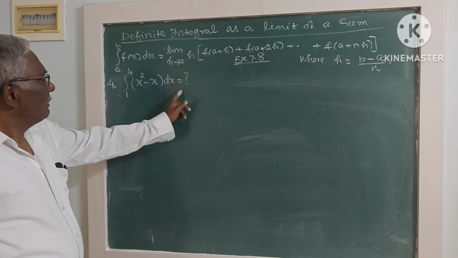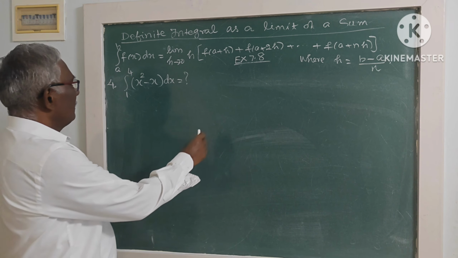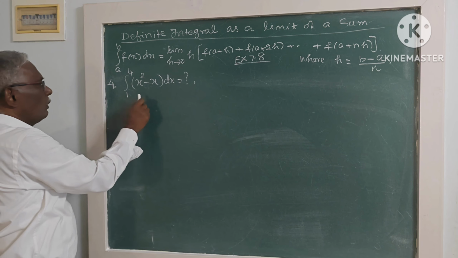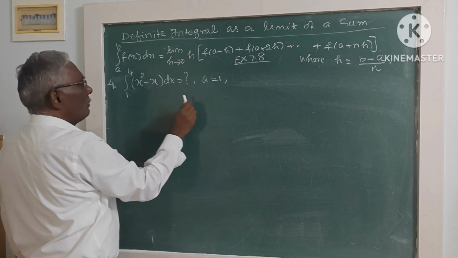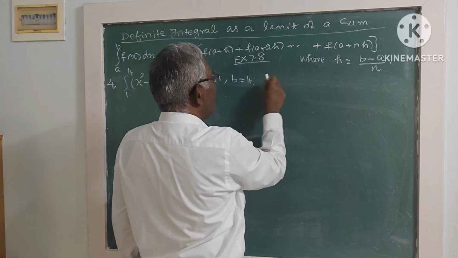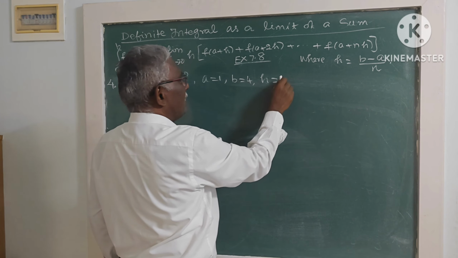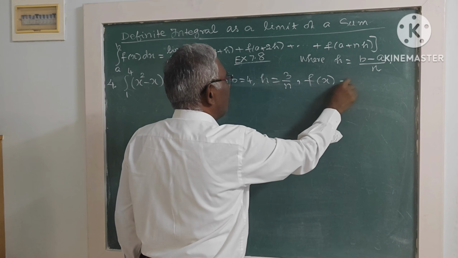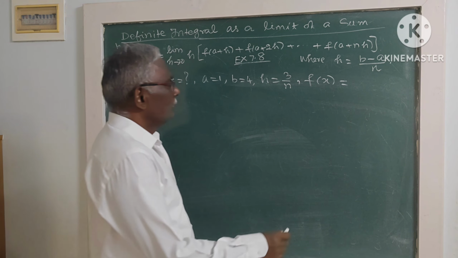On comparing this integral with the definition of definite integral, we see a is equal to 1, b is equal to 4, h is (b minus a) by n, (4 minus 1) by n, 3 by n, and f of x is x square minus x.